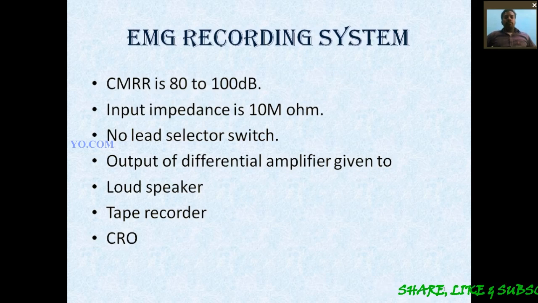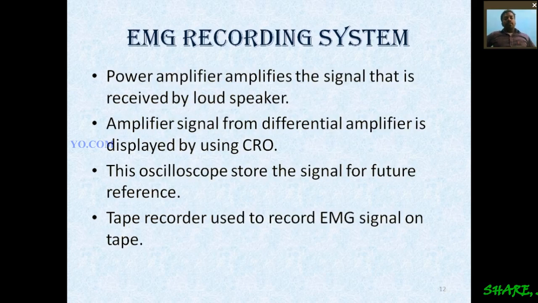The output of the differential amplifier is given to the loudspeaker, tape recorder, and CRO. So those are the three different output measuring instruments used in EMG. The power amplifier amplifies the signal coming from the differential amplifier, and that is used to drive the loudspeaker.